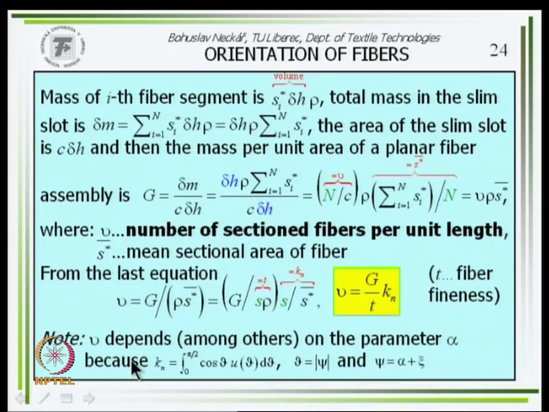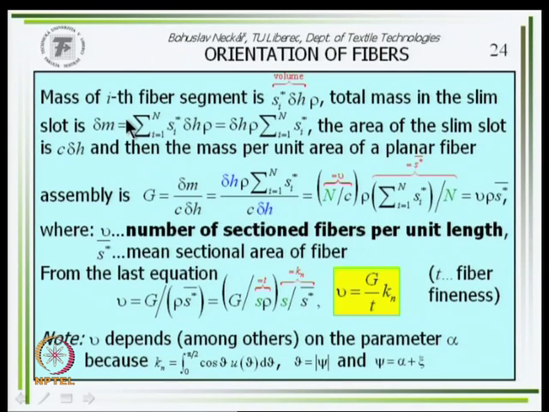What is the mass of the i-th fiber segment? It has the mass: cross-section area times perpendicular height, its volume, times raw mass density. Now this is the mass per one fiber.